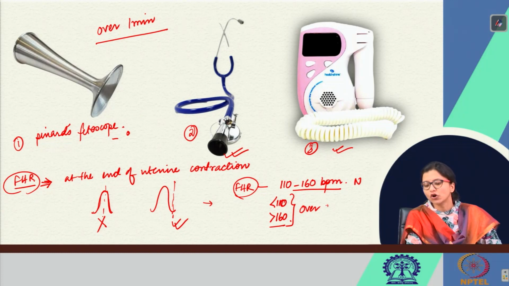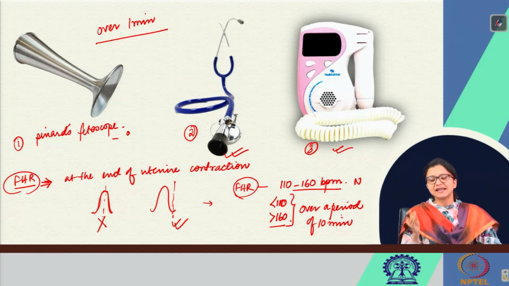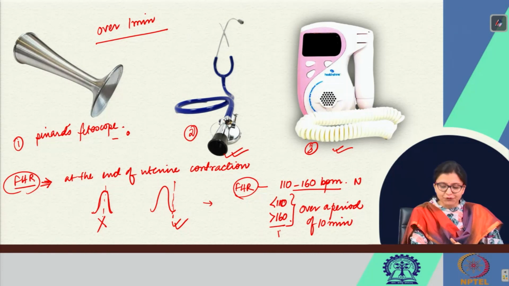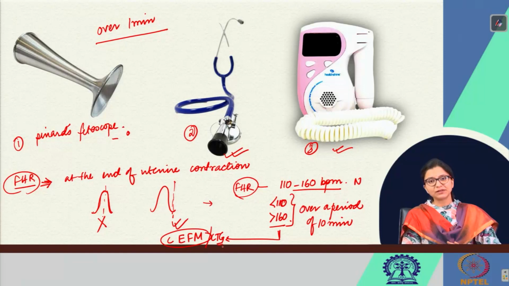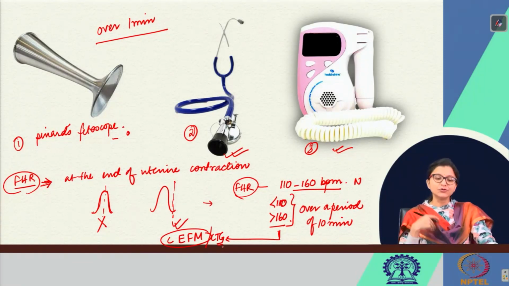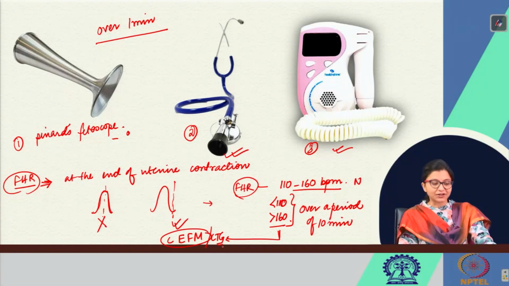This is also important: over a period of 10 minutes, if it remains less than 110 or more than 160, then from intermittent auscultation we need to go for continuous electronic fetal monitoring or CTG. Any abnormality during the course, we need to convert to continuous fetal heart rate monitoring.